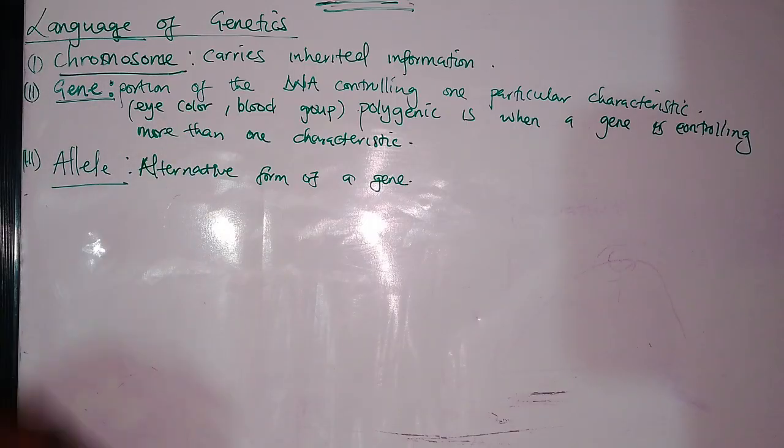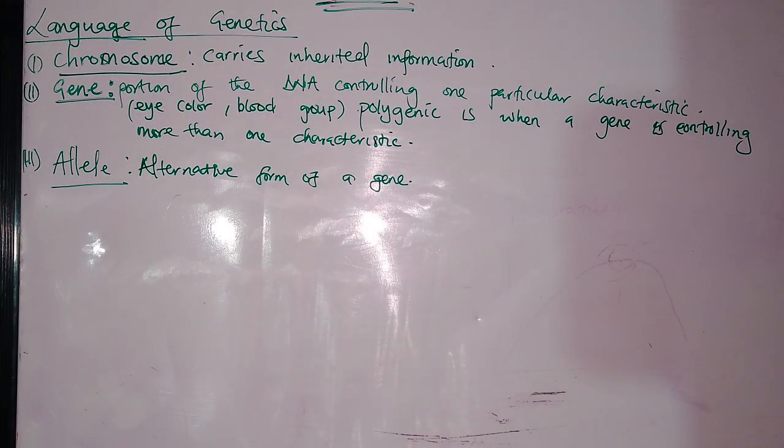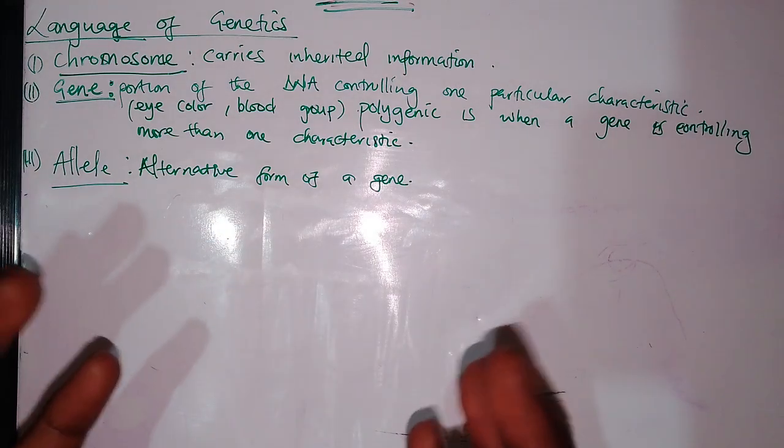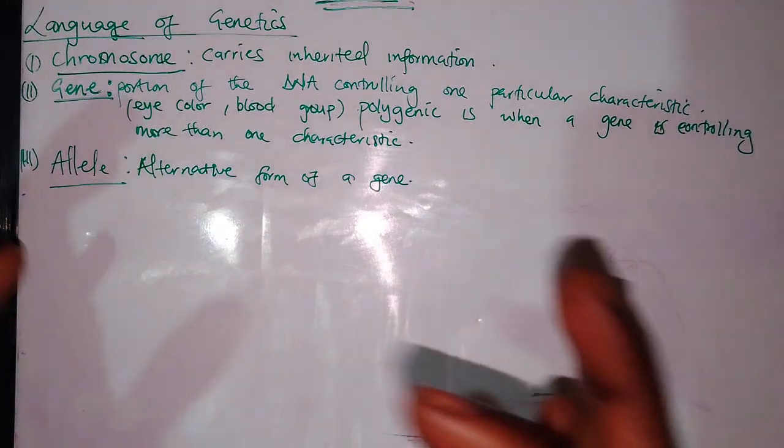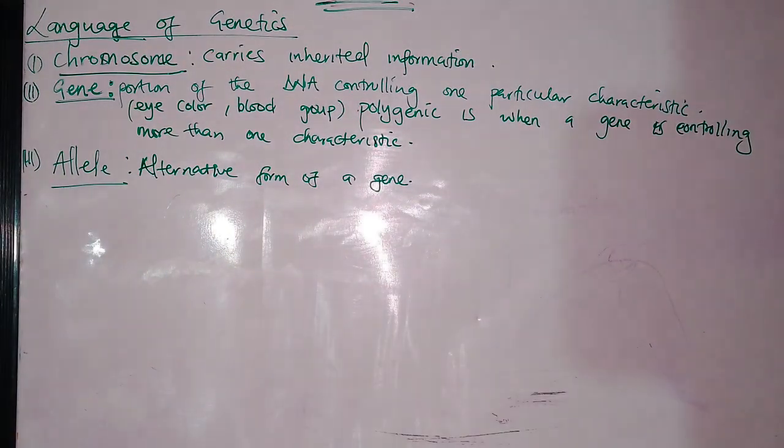That's why we are saying that this is an alternative form, because a gene is found on the DNA. When we say an alternative form, it means there should be a mother and a father to provide an alternative. An example of an alternative form of a gene is blood group.